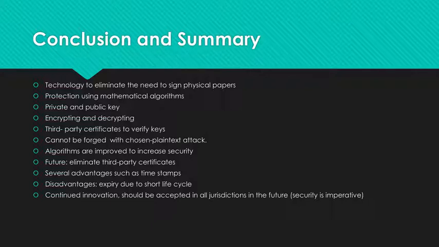The function and the respective inverses are utilized for encrypting and decrypting of messages. The algorithms make use of prime numbers, finite fields, and elliptical curves to create the functions. The technology makes use of third-party certificates and verification of keys. The algorithms are continually improved such that the security levels have increased. The future of digital signatures points at getting rid of the third-party certificates.